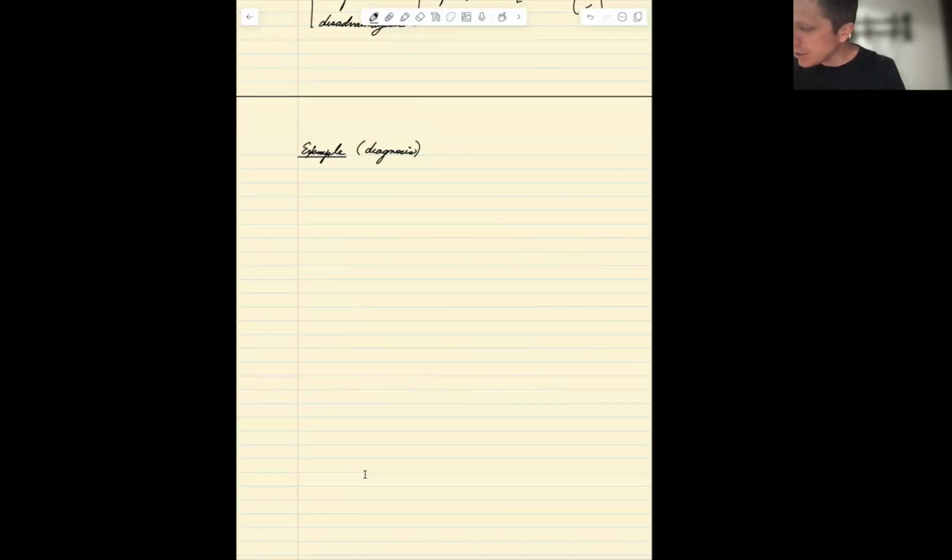So a doctor is initially 60% certain that a patient has a disease. So he orders a test.